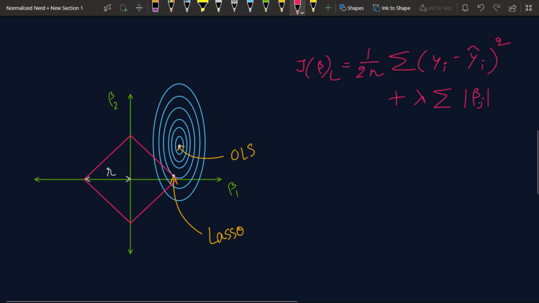Alright, we are not using the squared term here, but we are using the absolute value. And this is equivalent to minimizing our original least square cost function under the constraint summation of beta j's absolute value must be lesser equal to a positive number.